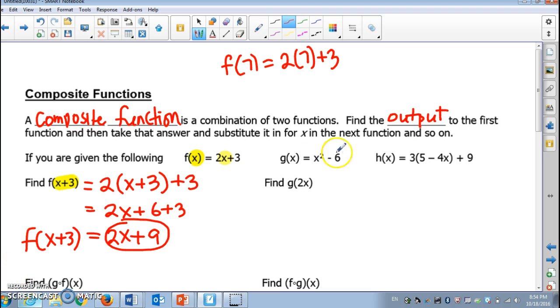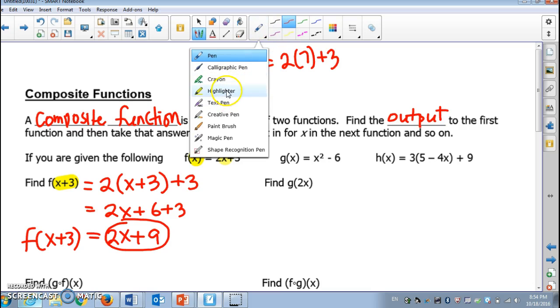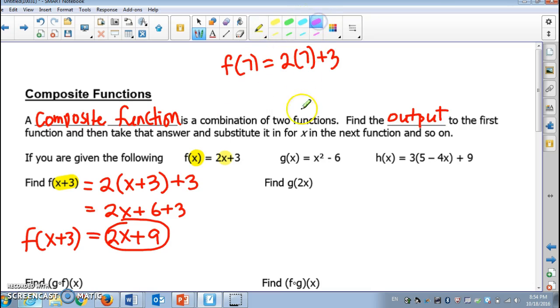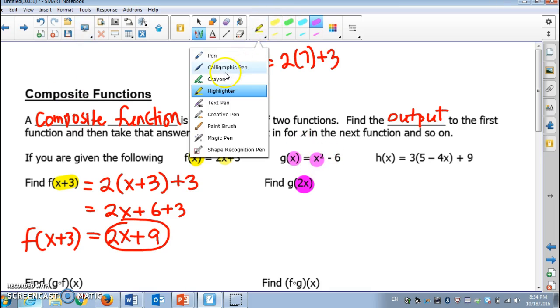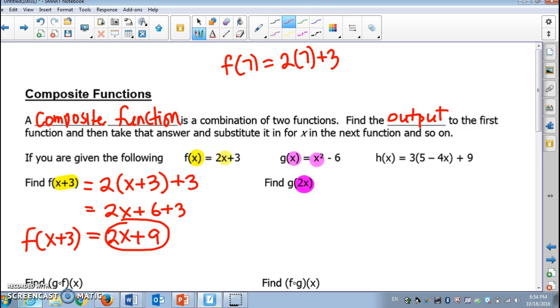This time we're asked to find g of 2x. Then we need to look at g of x first. So look at this, g of x equals x squared minus 6. And all we're doing is replacing the x with 2x. So what will be my expression? It's going to be 2x squared minus 6.